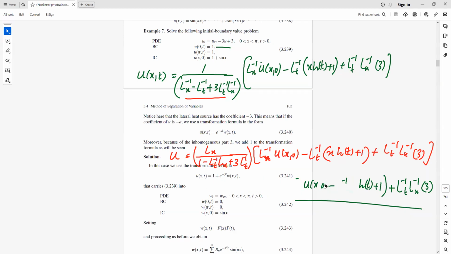Now we will simplify the function on the right hand side.